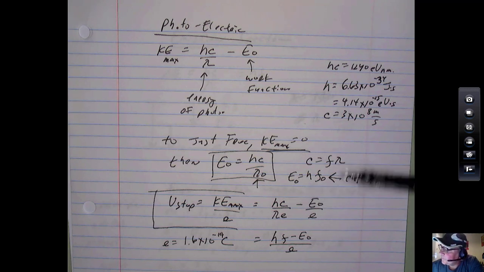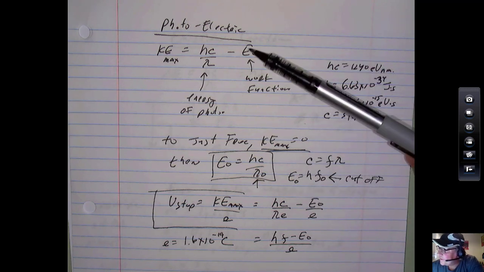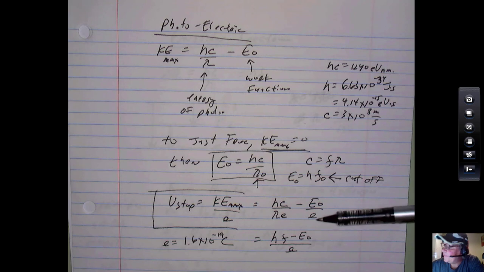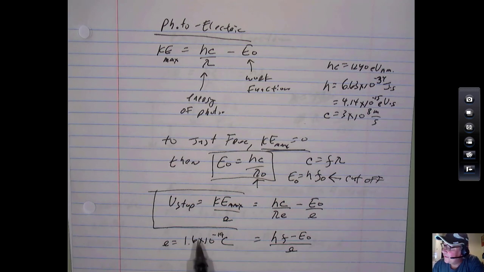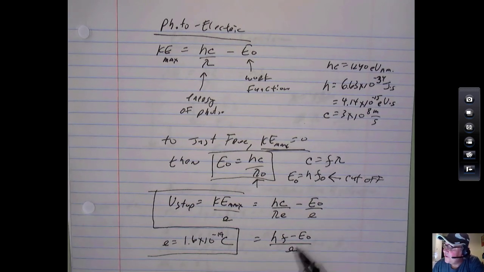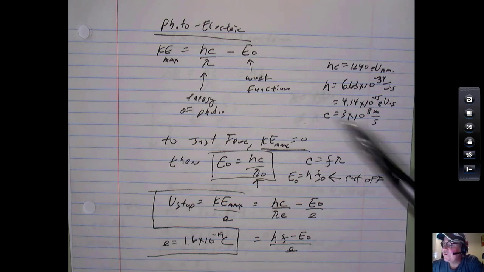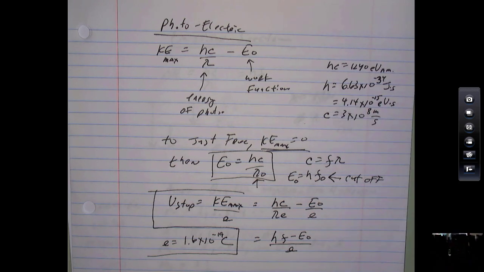And then continuing, the work function divided by little e. Now if you want to do it in terms of the frequency, this would be hf minus the work function, divided by the fundamental charge. So this, again, is the work function. Each metal has its own specific work function. So you'll definitely see a photoelectric effect problem.